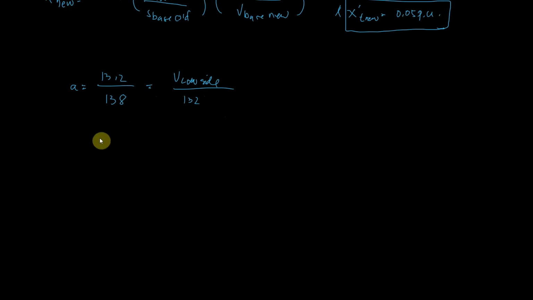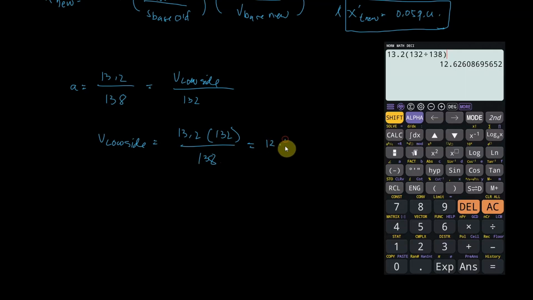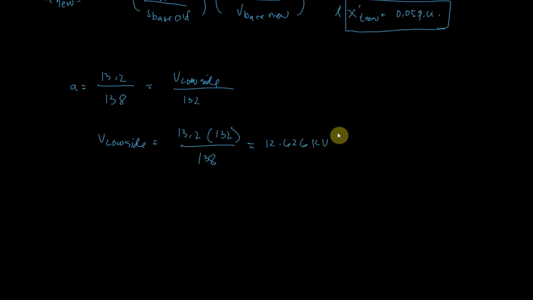So therefore, yung ating voltage sa low side na makukuha dyan is equal to 13.2 times 132 divided by 138, or equal to, pag kinalculate natin yan, ang lalabas dyan is 12.626 kV. Okay? So yan yung ating bagong actual voltage doon sa low side ng ating transformer.